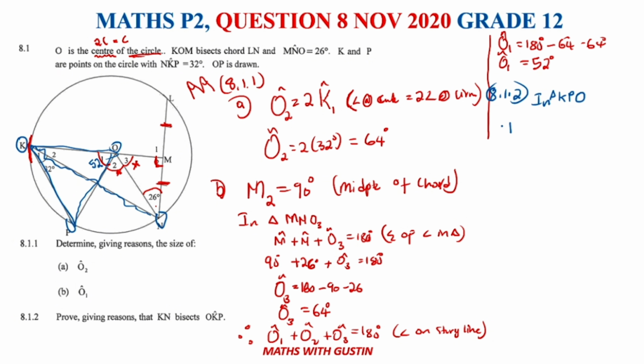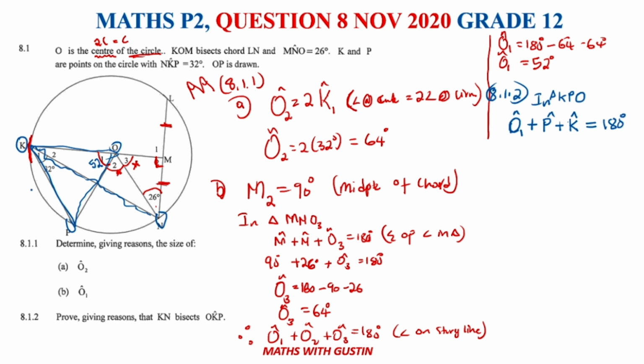We can say angle O, which is O1 that we're looking for, plus angle P, plus another angle K, is equal to 180.